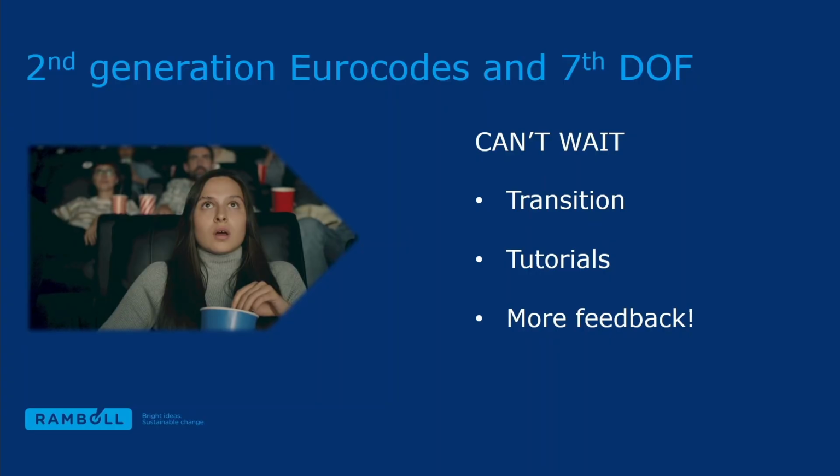So I think there's going to be a transition period now, which is also why I said the earlier we get the 2nd generation, the earlier we can start testing it. Not that we should use it, because we're not allowed to use it before the national annexes, but that we can try it and see what we believe. Then we can start this whole conversation about it, and then it's going to be good in 2027 when we start using it.